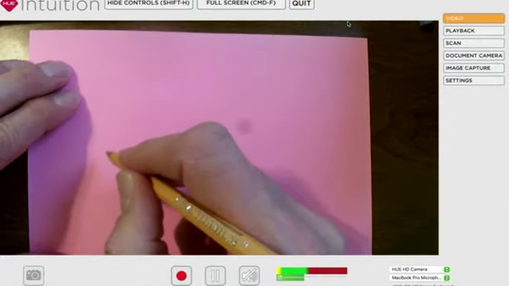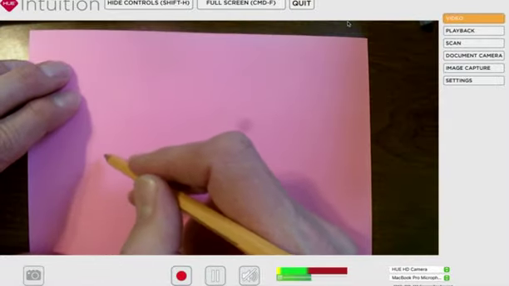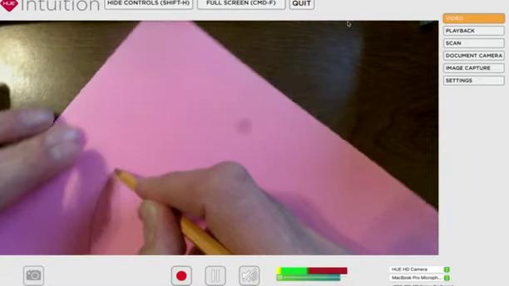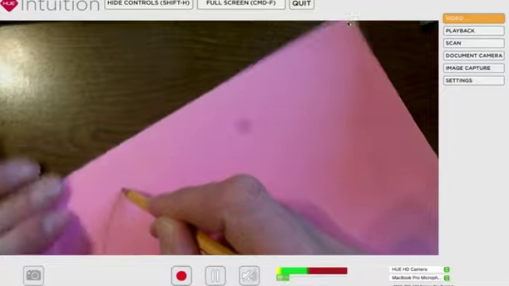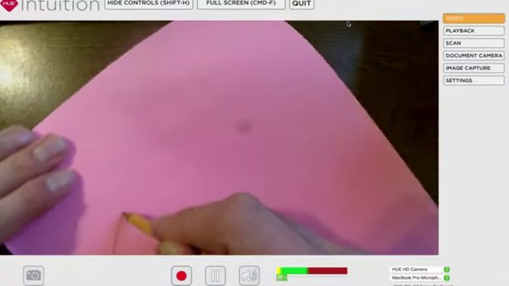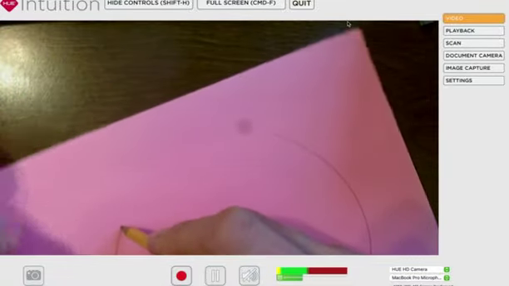I've seen some of you do this with dry erase boards all the time. You put the pencil down and then you rotate the paper. I don't know if this is going to work, but it might.